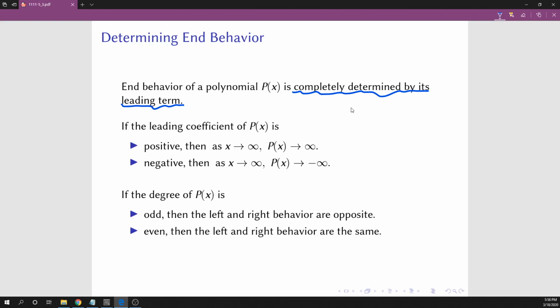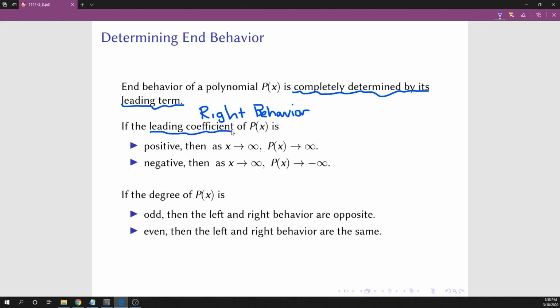So on the right behavior, it's all completely determined by the leading coefficient.